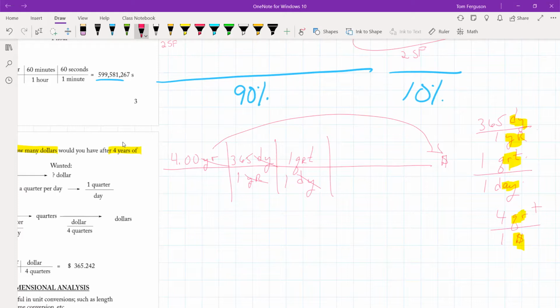And now we're going to go from quarters to dollars. So we've canceled out everything except dollars. And what are we trying to calculate? Dollars. Now we just have to write that out and keep our significant figures consistent. So we have 4 times 5.